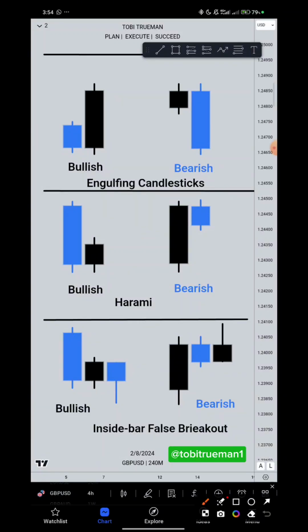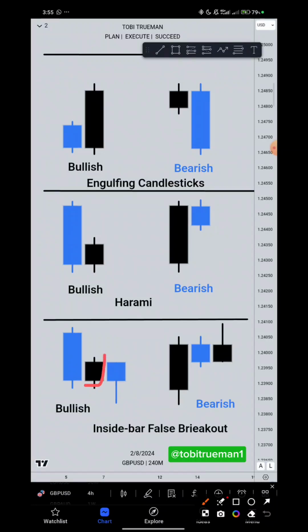What a hammer does is to reverse, to tell us that price is going to buy. And people will think that because this Harami low point has been broken with this candlestick, therefore the price will continue to sell. But price is not going to continue to sell, it's going to continue to buy, because a hammer candlestick pattern has been formed as the number 3 candlestick, whereby the low point of 1 and 2 is now taken out with this number 3 wick. Okay, that is how we know that this is now an inside bar.